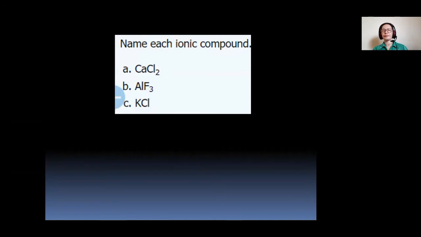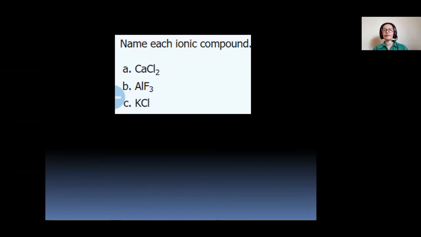Okay, for example, if you have this compound, what will be the name of this compound? First, name the cation. Ca is calcium, and the anion is chloride, so this is named calcium chloride. For the second example, let's have Al. Al is aluminum, and fluorine is now fluoride, so its name is aluminum fluoride.